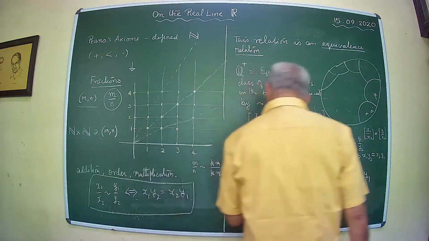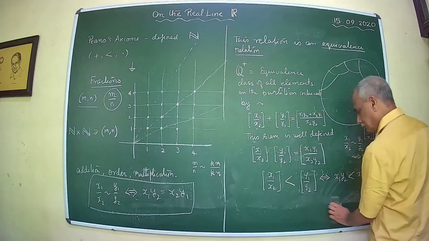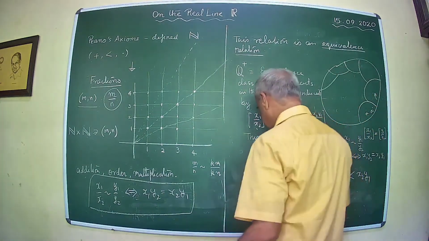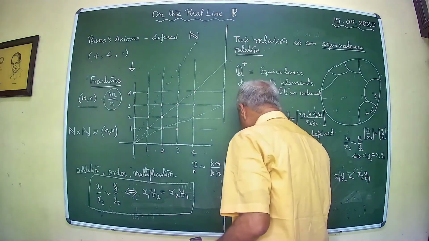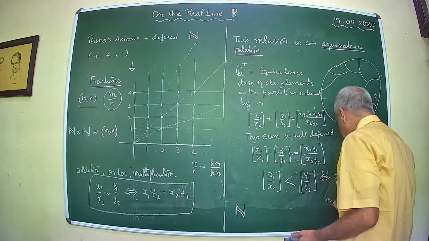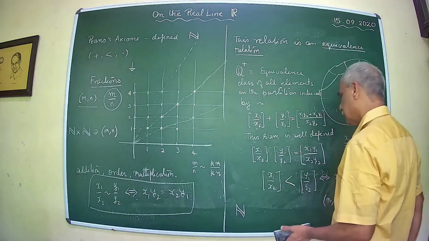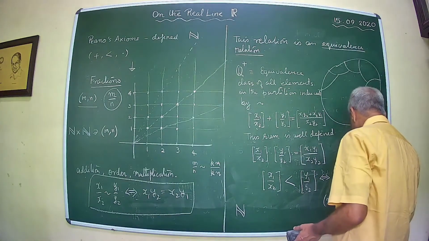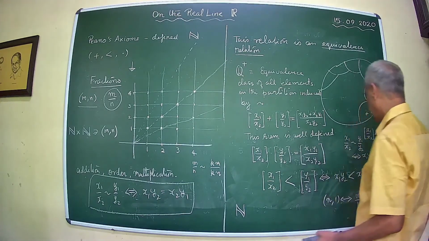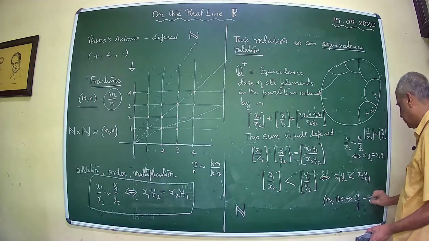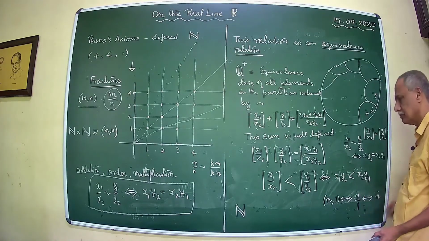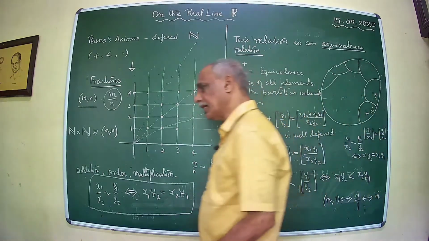So what further things do you have? Is N in it? You look at the natural numbers and you take any n comma 1, or this is the same as n by 1. N by 1 is identified with the natural number n for every n.